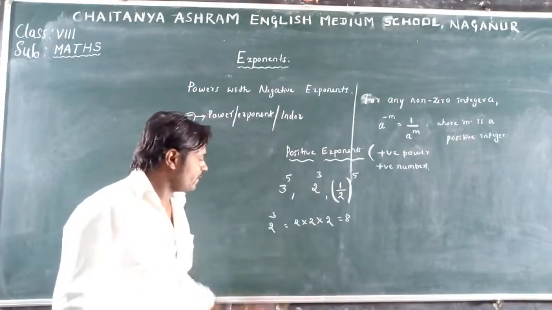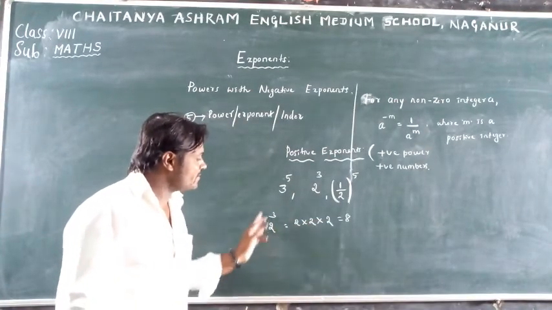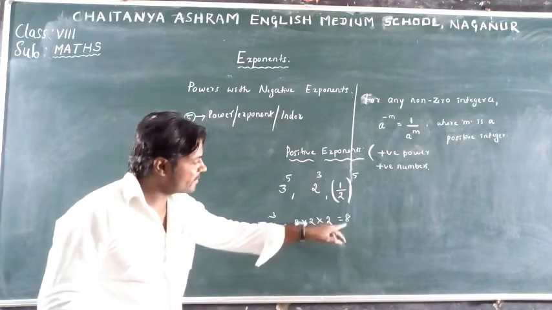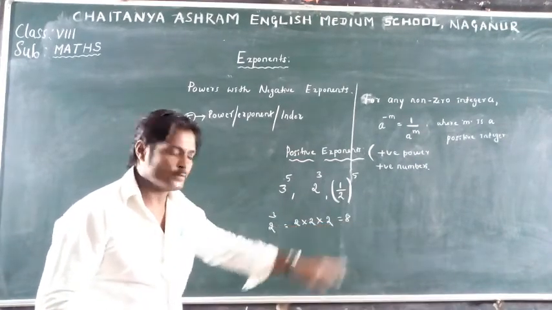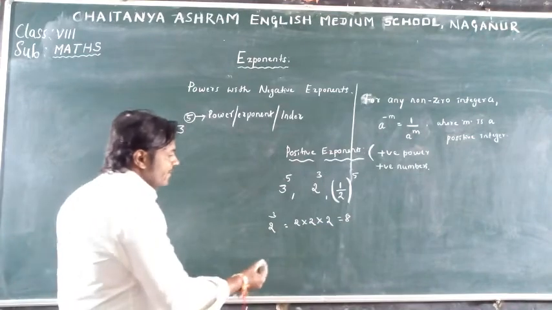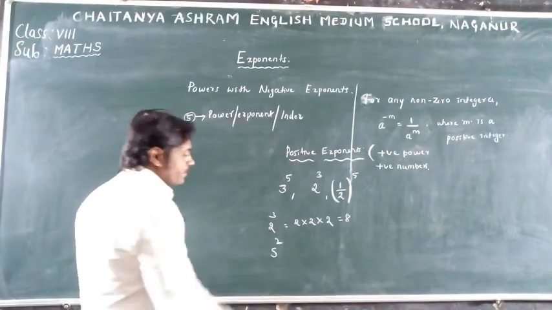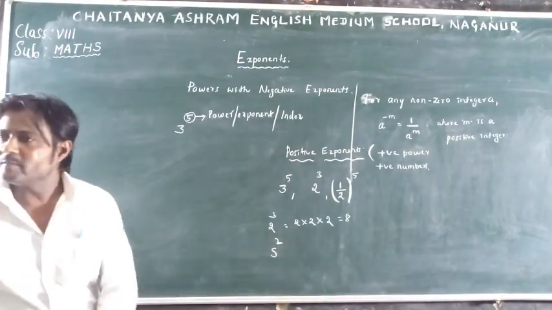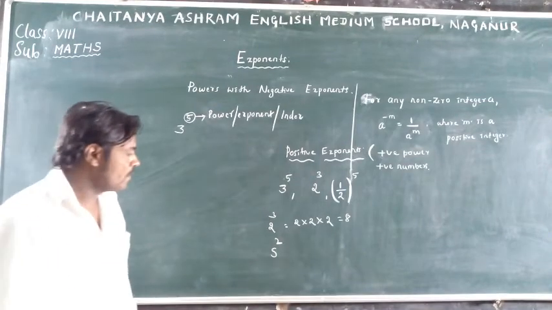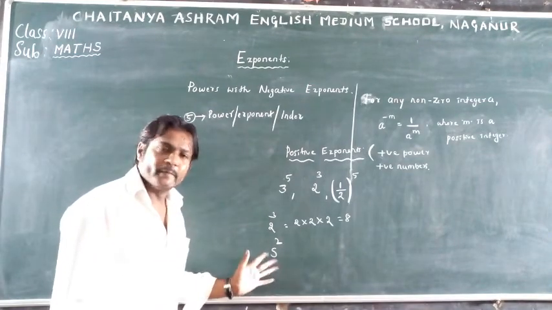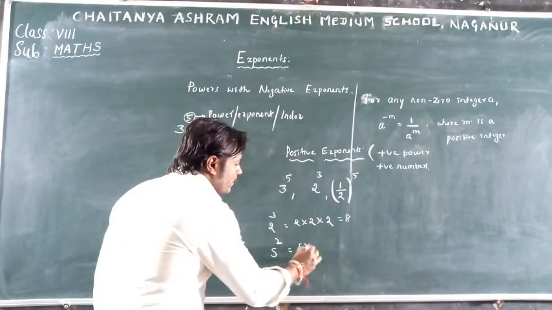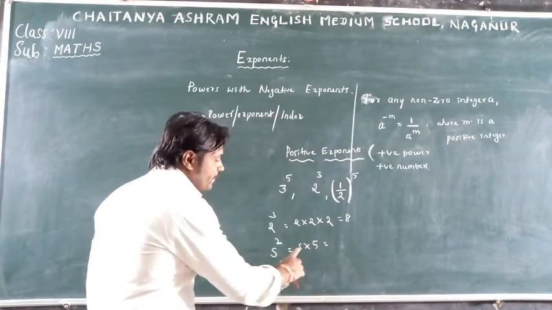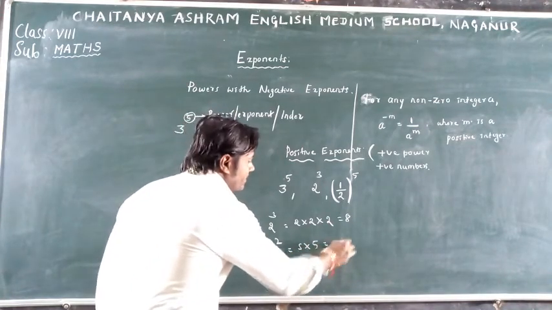So when the exponent is positive, its value is also positive. Consider the number 5 to the power 2. Which type of exponent is it? Positive exponent. Okay, so what is its value? Very easy. Write 5 two times, multiply: 5 times 5 is 25.